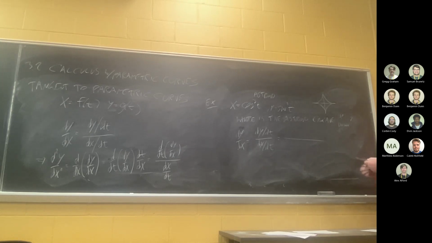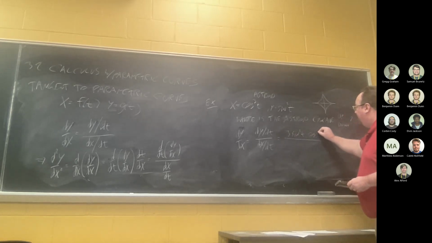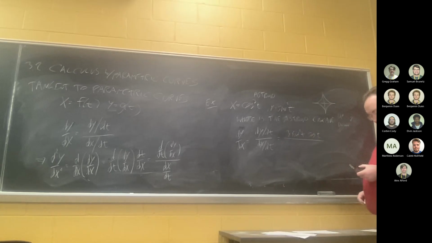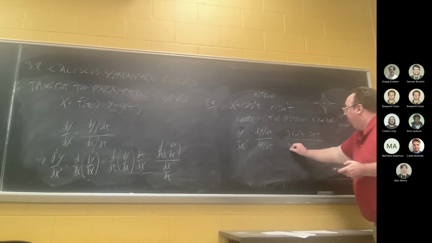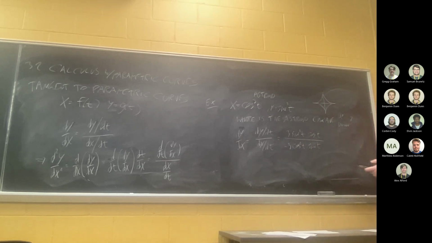Square t times cosine t. Yeah, 3 sine squared t cosine t. All right, and down below, 3 cosine squared t times sine t. Okay. So we have some cancellation happening.